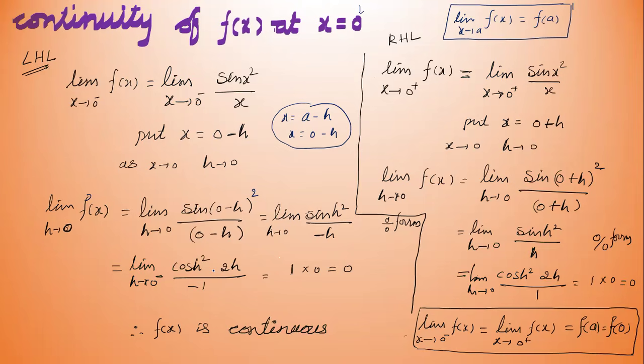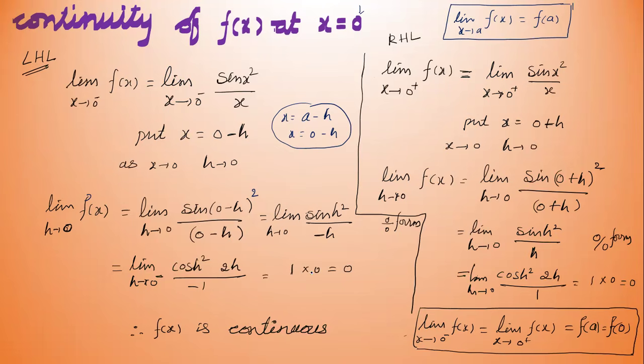Applying L'Hospital rule, limit h tends to 0, cos h square. Differentiation of sin h square is cos h square, by chain rule, times 2h, divided by the differentiation of minus h, which is minus 1.